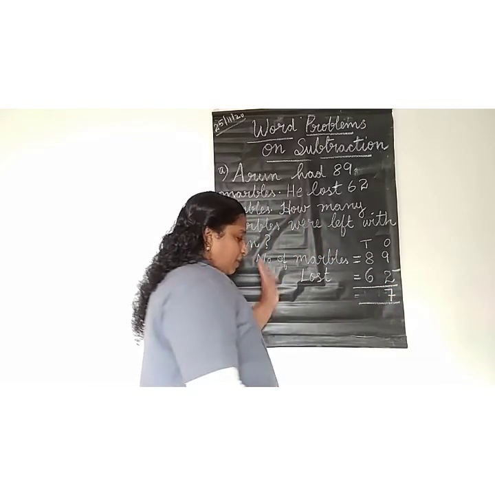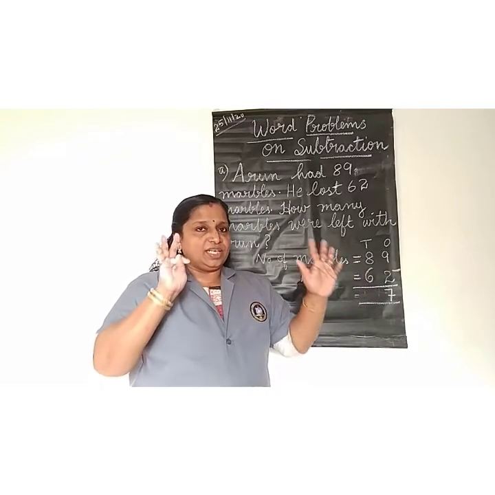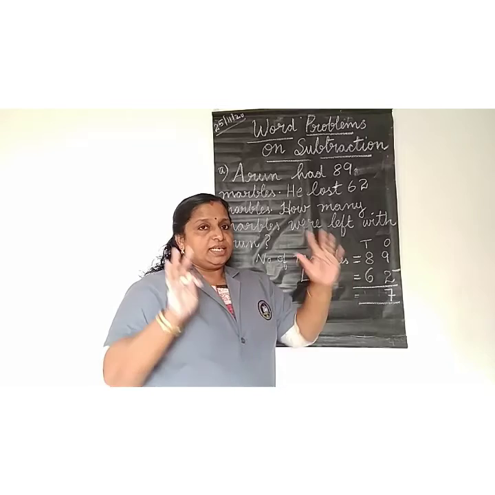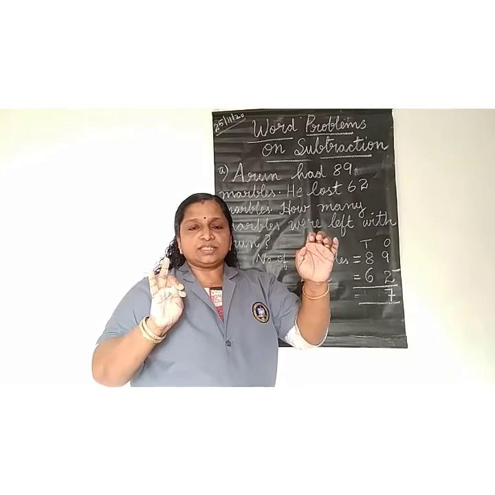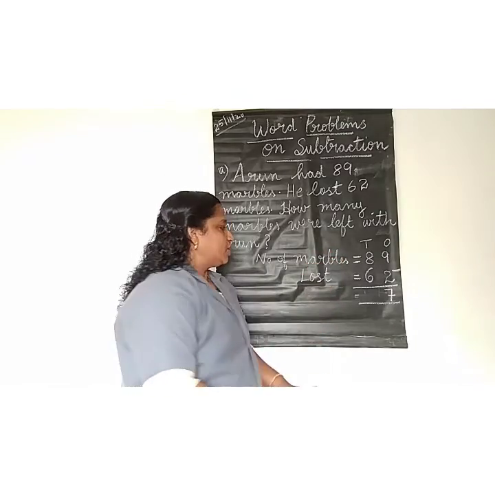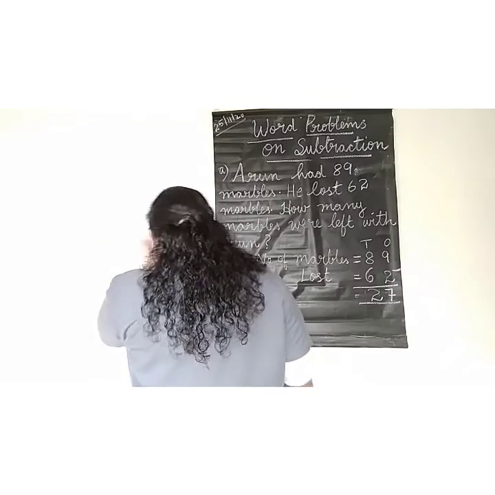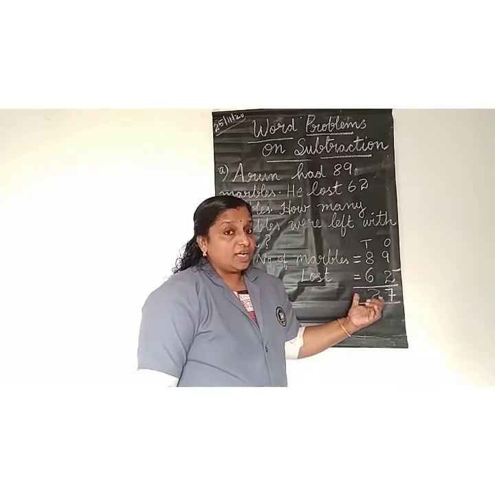What is the tens place number here? 8 on the top. So, take 8 fingers in your hands. From that, how many should you cut off? 6. So, cut off 6: 1, 2, 3, 4, 5, 6. Balance, yes, 2. So, 27 marbles here. 8 minus 6, you got 2.